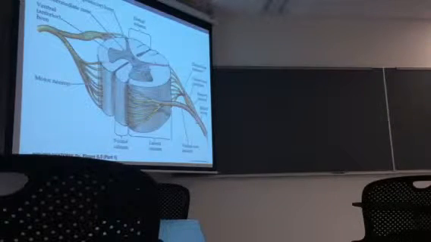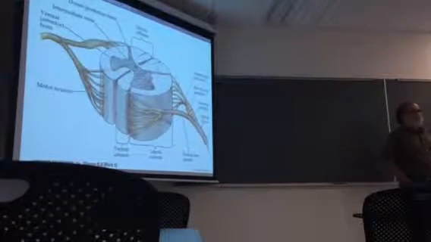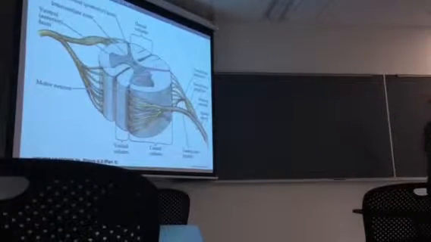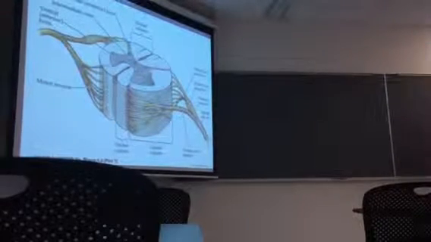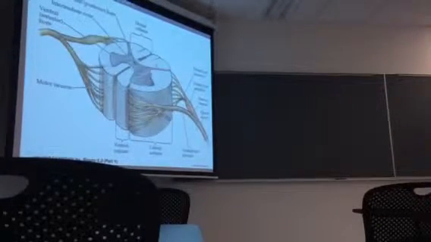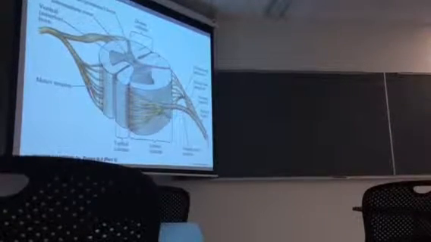Okay? The dorsal root is sensory. Is that afferent or efferent? Afferent. The ventral root is motor. It is efferent. So when I said going in or coming out, that's literally what I mean.